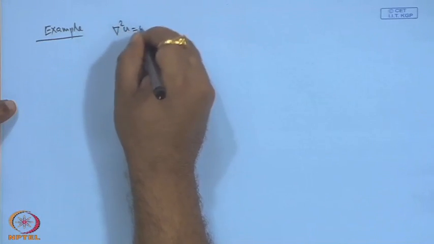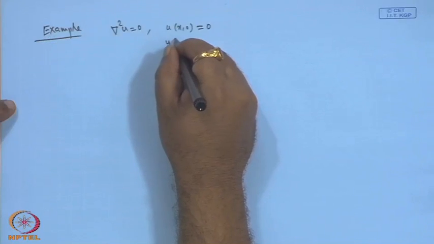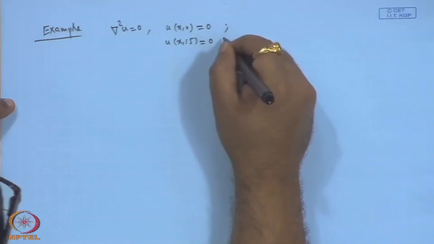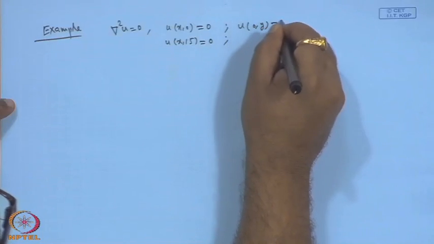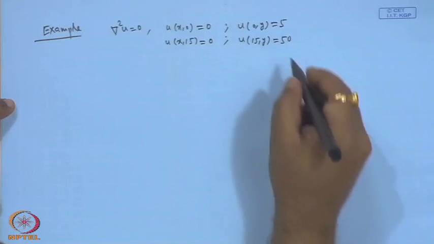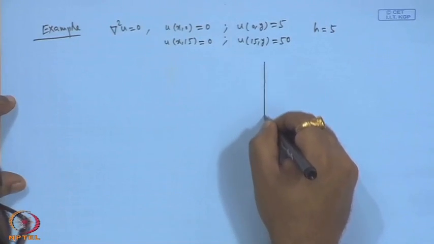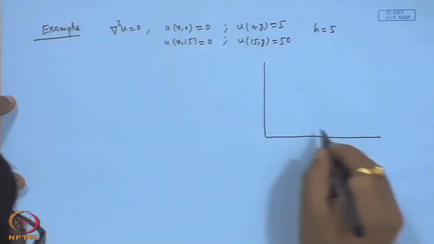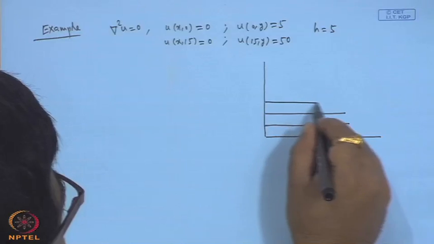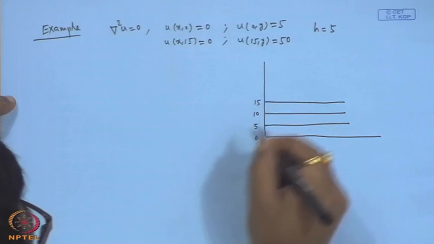So, we want to solve Laplacian, okay, and say h is 5. So, now the grid, so 0, okay.